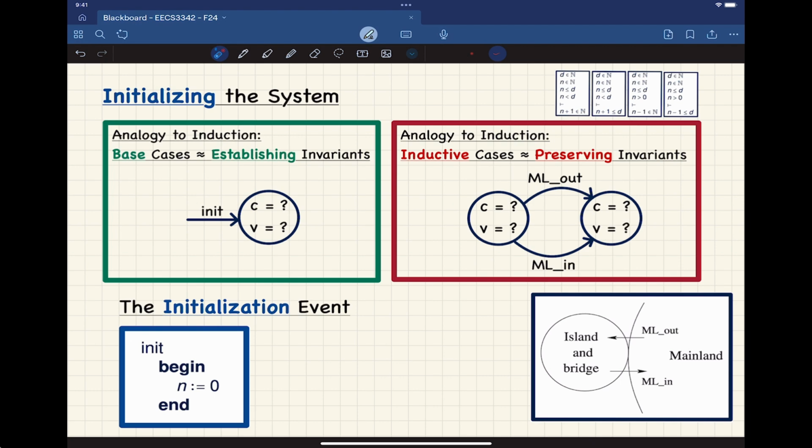Think about induction. So base cases will be when we first initialize all the variables of the system, we want to make sure this initial state is so-called safe, meaning that all the invariant conditions must be satisfied for the very first time after initialization. Okay? So this is very important. So this here is going to be green, meaning that it's safe.